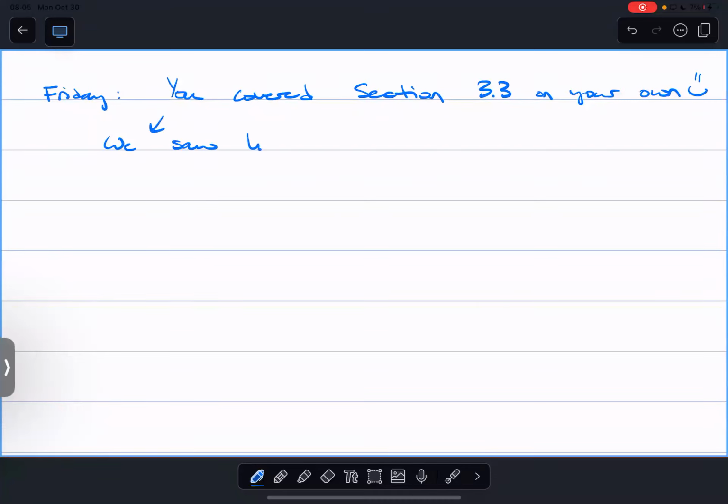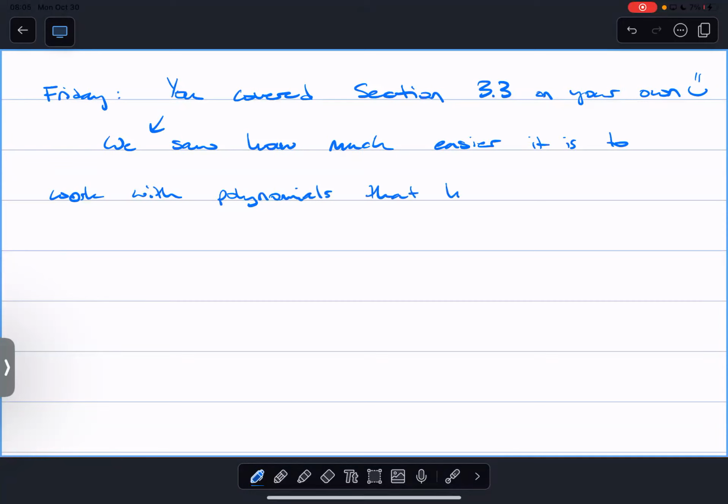We saw how much easier it is to work with polynomials that have been factored. But I don't know about you, I'm terrible at factoring.